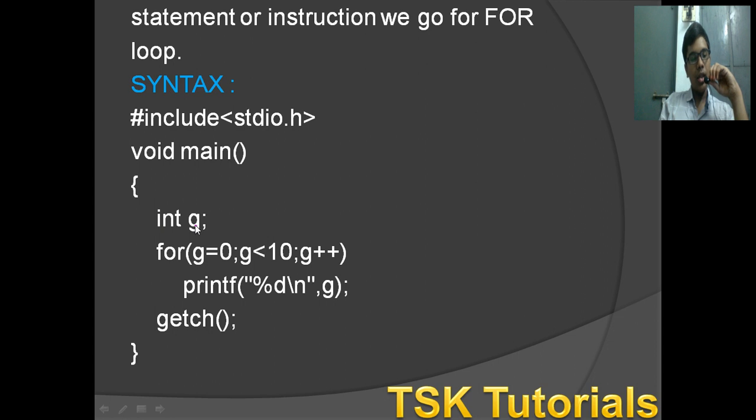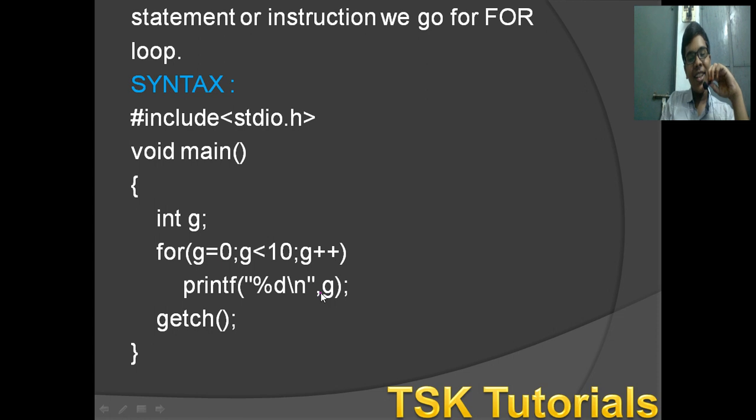Printf %d, because I am going to store integers, I have given %d, and all my desired outputs should come in new lines, means one value in one line and the next in the respective lines. So I have to go for a new line after printing one value. And what I have to print?